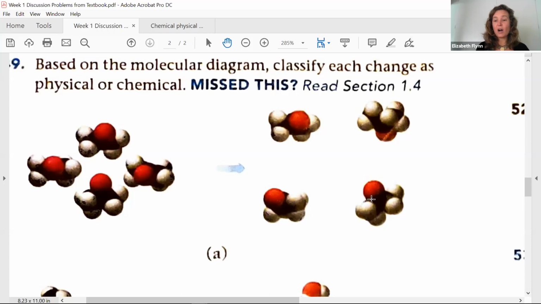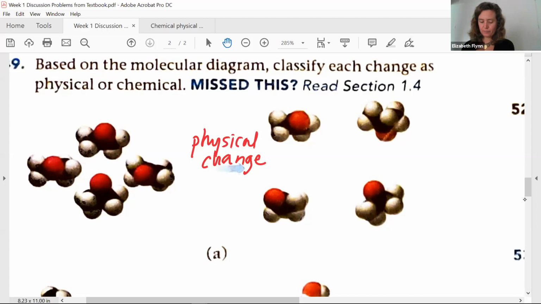Right, because the composition of those compounds does not change. It's still the same chemical composition, meaning still the same arrangement of atoms. Right, and again, this page is posted on Canvas if you don't have the book yet, but it's also right in the book, for when you do get it.